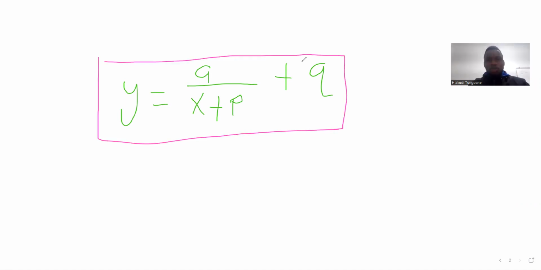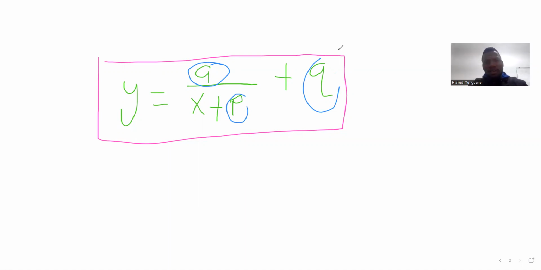The important question to ask ourselves is, what does a mean in a hyperbola? What does p mean? And what does q mean? And how do those affect the graph, right? I'll just open a new page now, and then we discuss this.